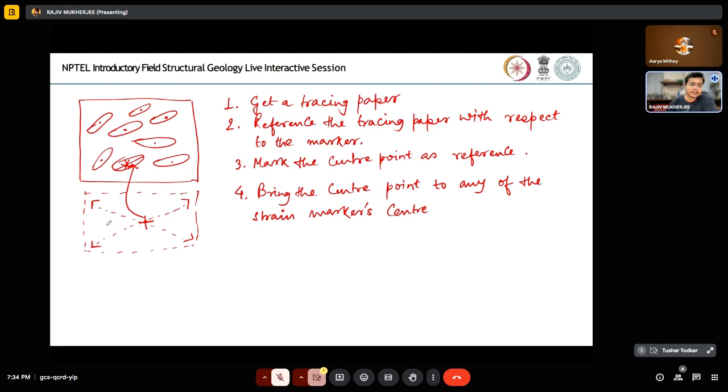So it would translate in this tracing paper like this. You would get points like this on the tracing paper. Mark the centers of other markers on the tracing sheet.